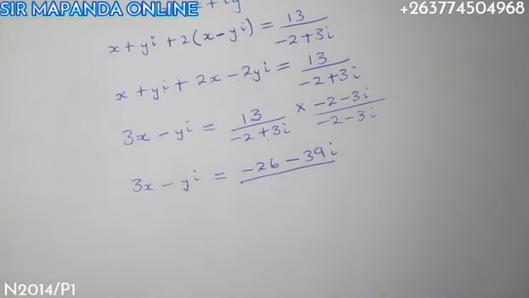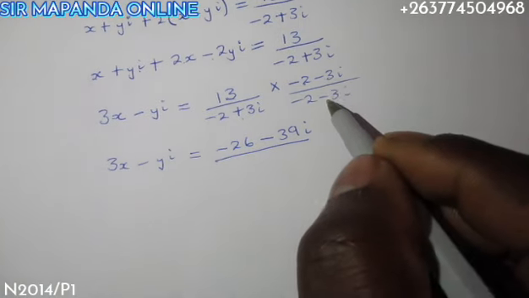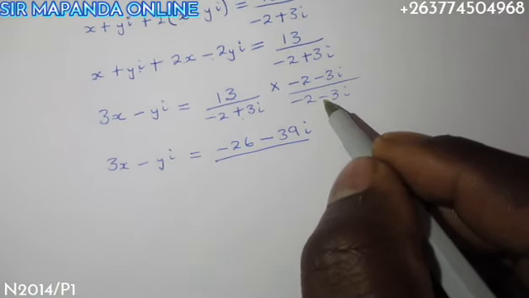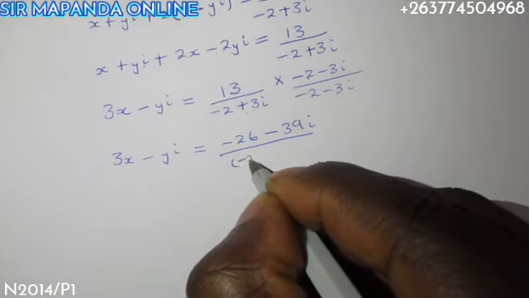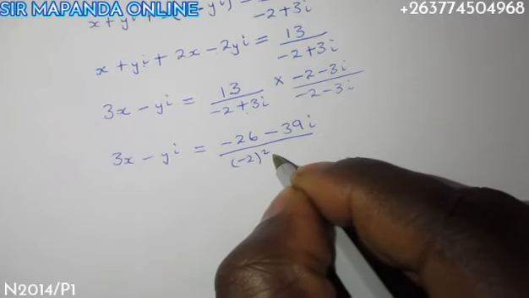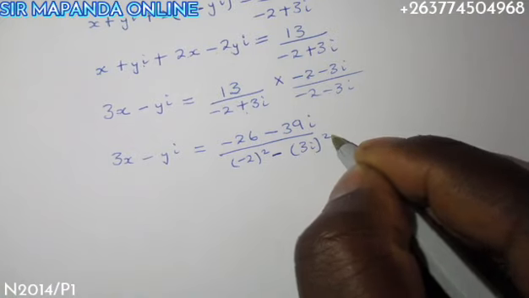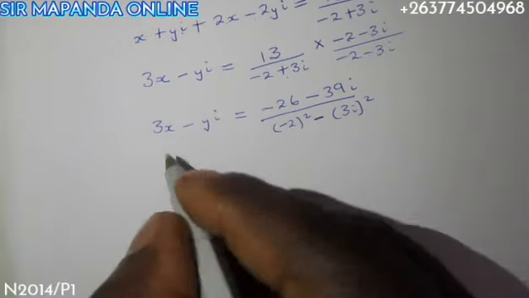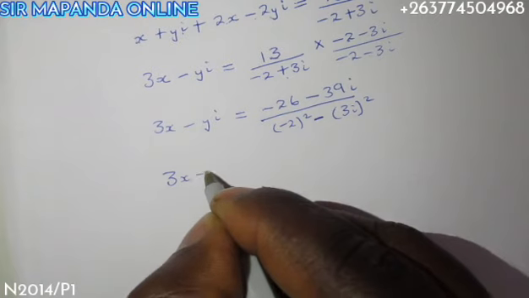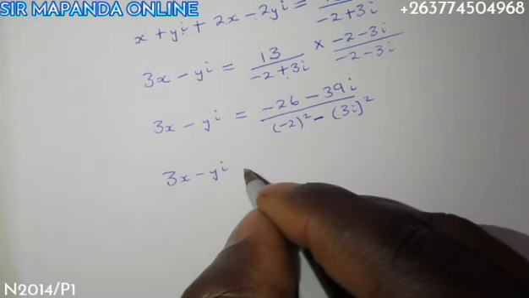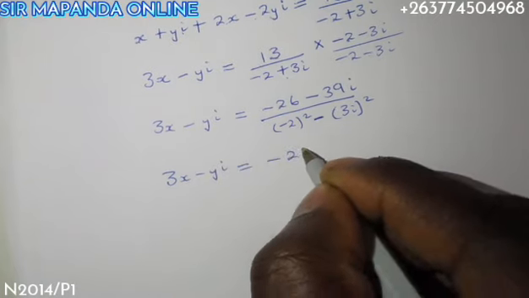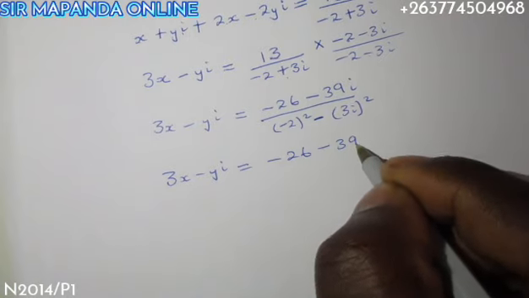Then on your denominators you apply the difference of two squares. So I'm going to target the term with minus in between. The first term is minus 2, you raise it to the power 2, then you put the negative sign, then 3i is also raised to the power 2. Maintain the left side as it is. 3x minus yi is equal to minus 26 minus 39i.